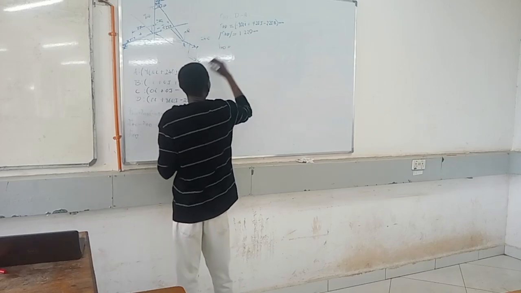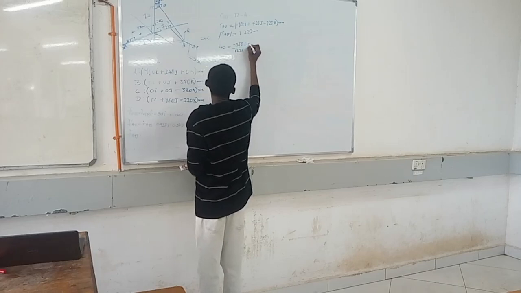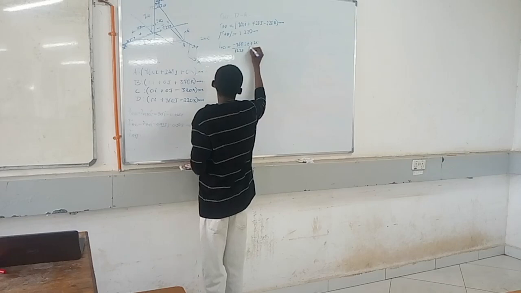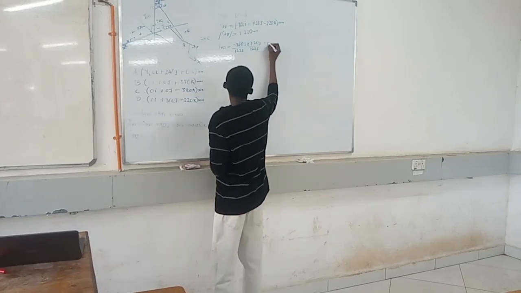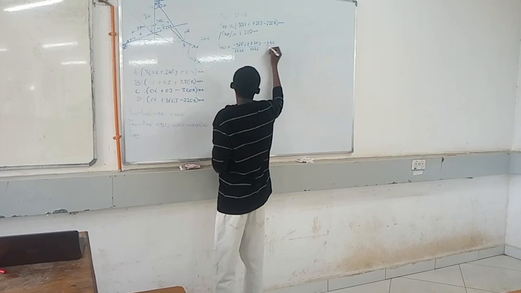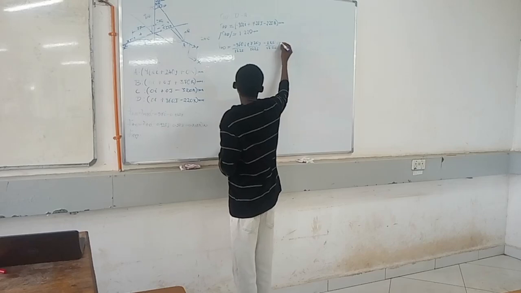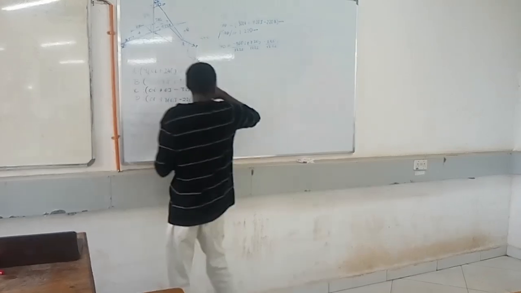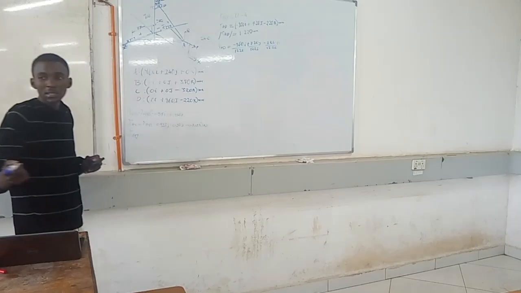The unit vector of AD is equal to negative 960 over 1,220 I plus 720 over 1,220 J minus 220 over 1,220 K.